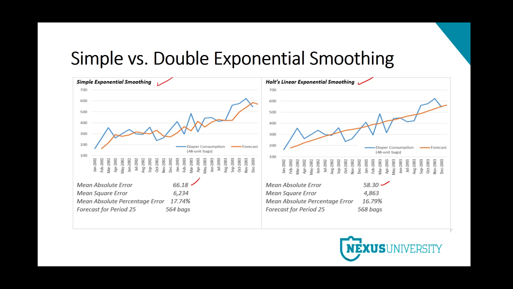We see an improvement also in the mean square error as expected, also represented in the mean absolute percentage error, or MAPE. The change in the forecast is not that significant. It goes up from 564 bags to 568 bags.